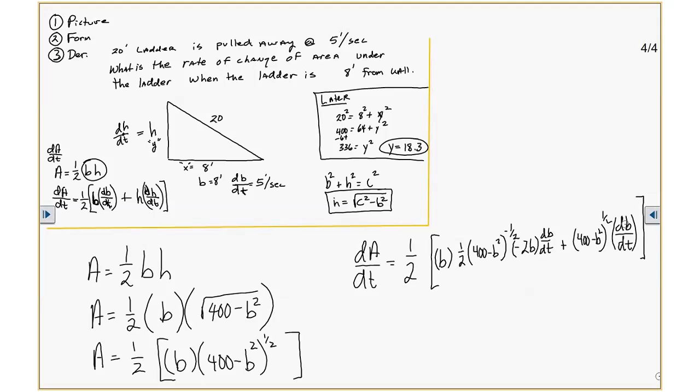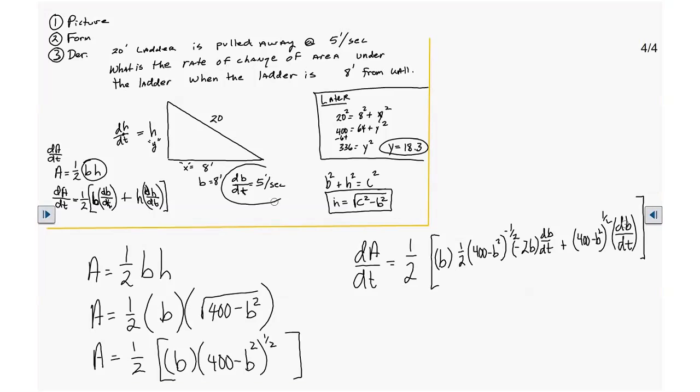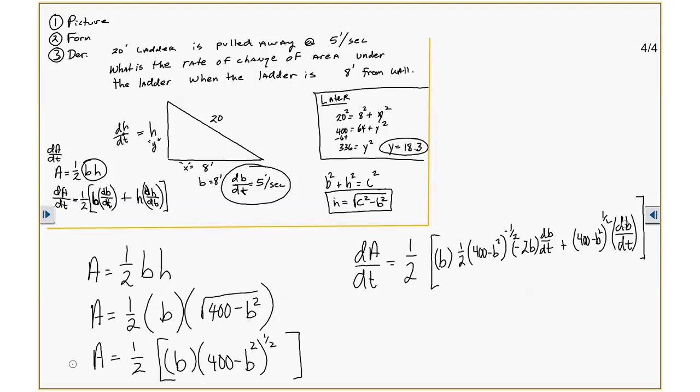Now, if you notice, what do we have from the original problem? What do we have? We have dB/dt, and we also have what? b, Hubert. That's right, class. And what is this in terms of? b.